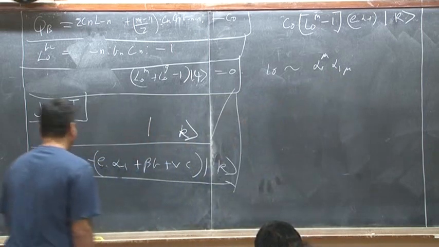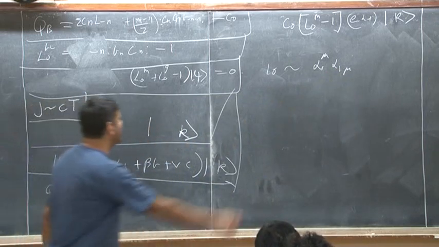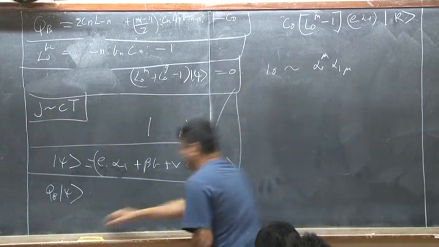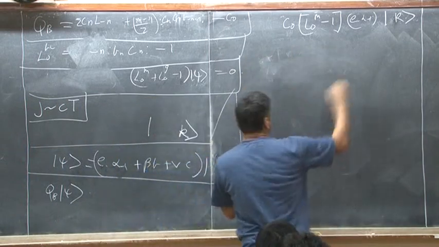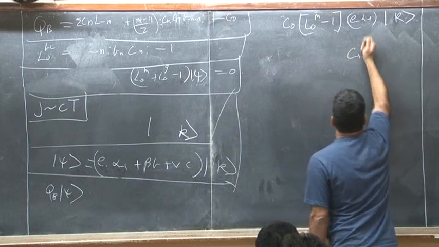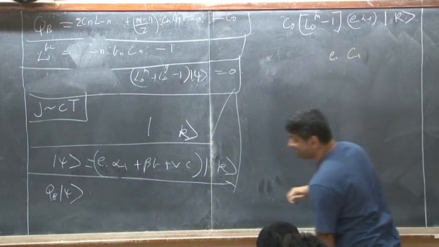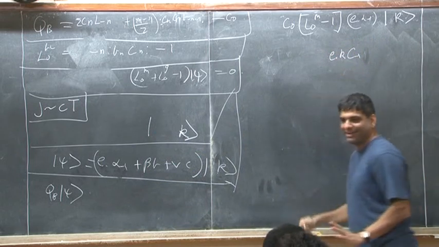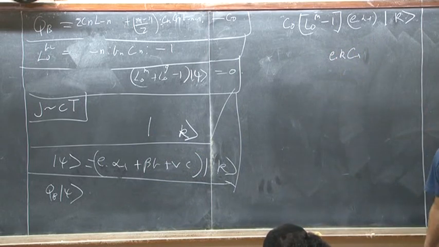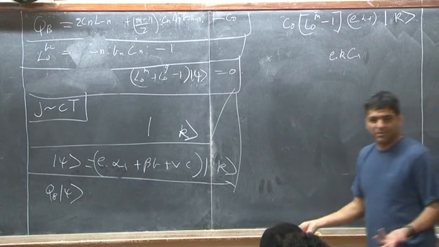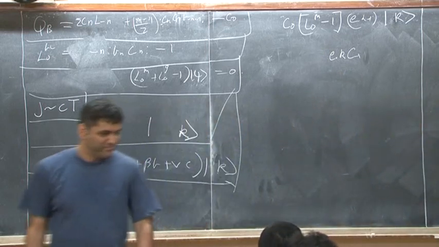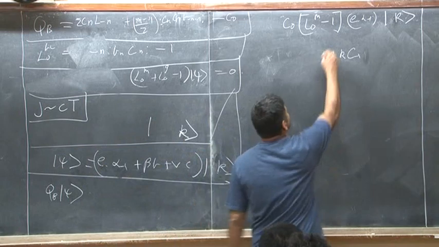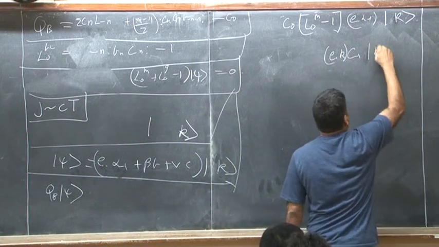So what's left behind when we do this is C minus 1 E dot alpha 0, which is the same thing, up to a proportionality factor, as E dot k, because alpha 0 was the momentum. So E dot k C minus 1 on k.